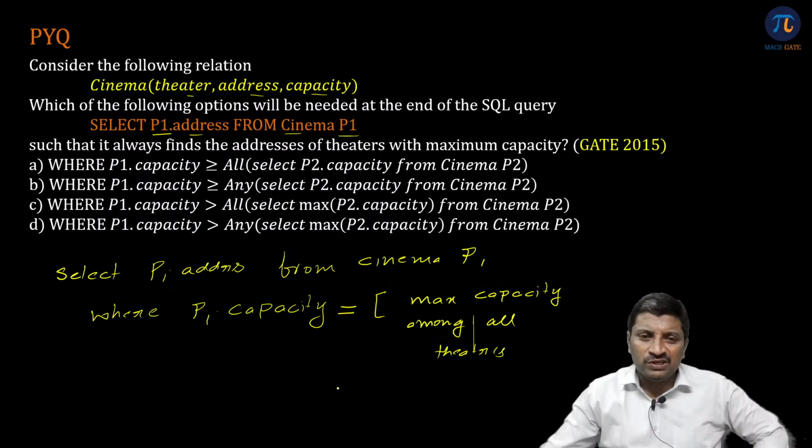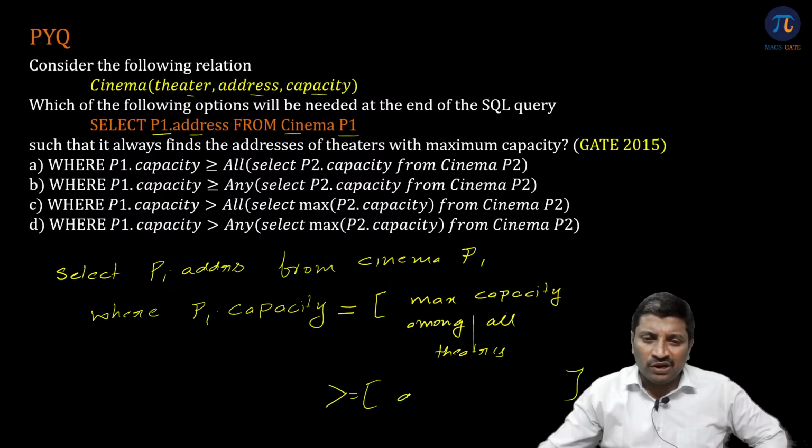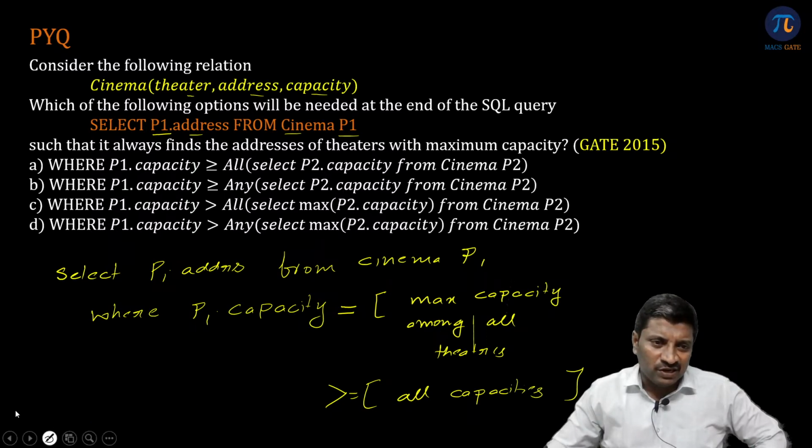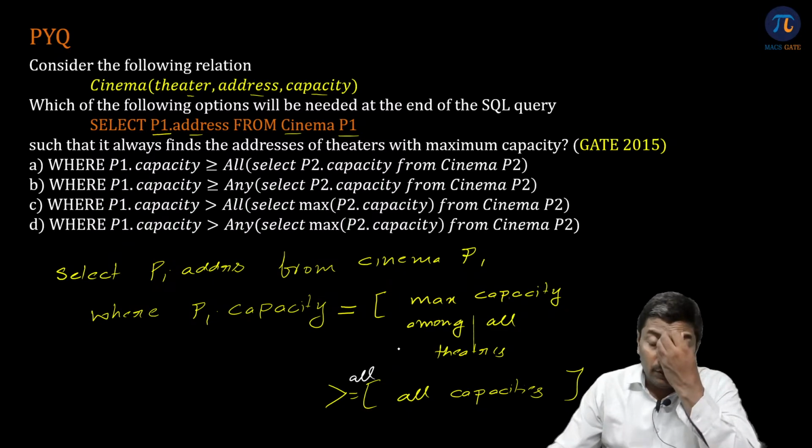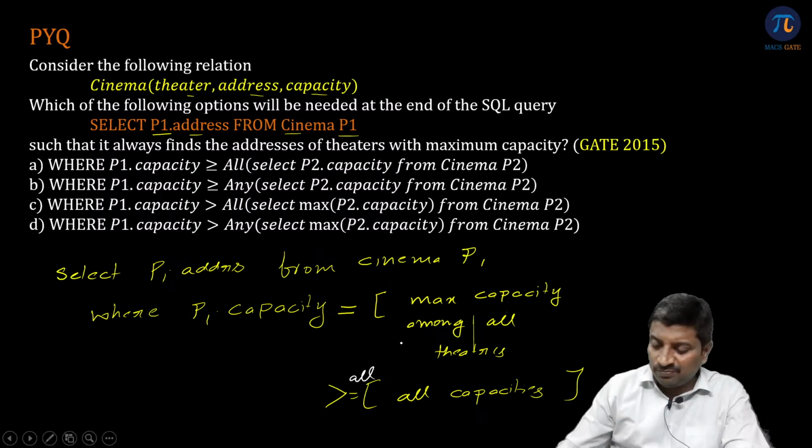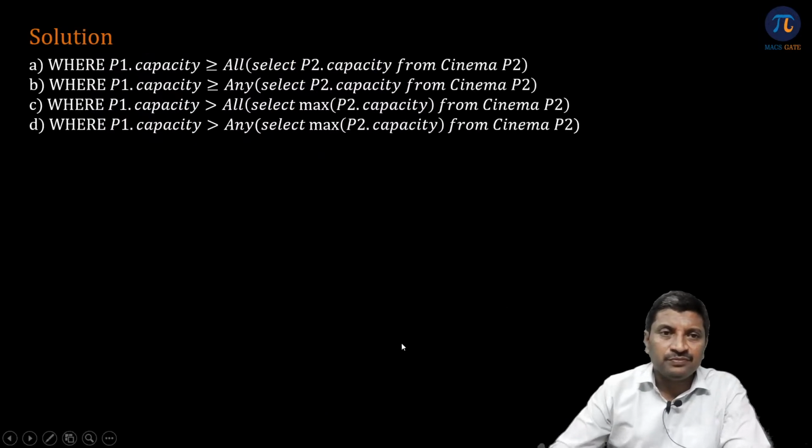Or, the same, greater than or equal to, I will list out all capacities. Then it must be greater than all capacities. Since it is all capacities on the outside, I need to use ALL. That's it, right? So these are the two possibilities. Let us write them next.